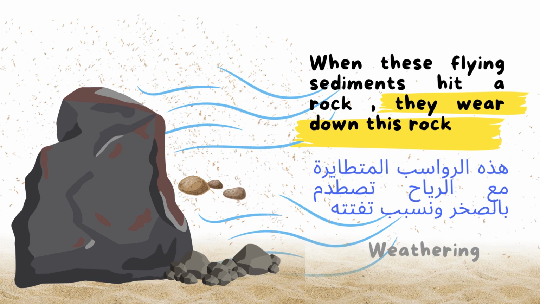Please take care with this expression, wear down, as it causes weathering. They break this rock. As these flying sediments with the wind hit the rock, they cause weathering for this big rock.